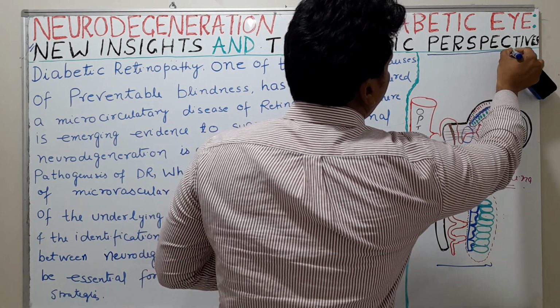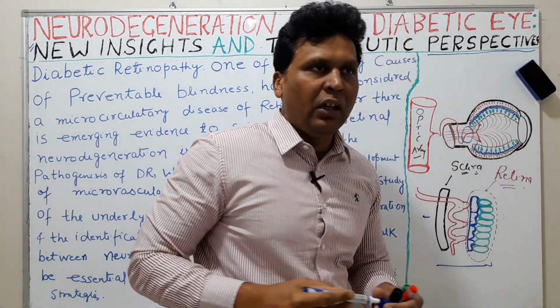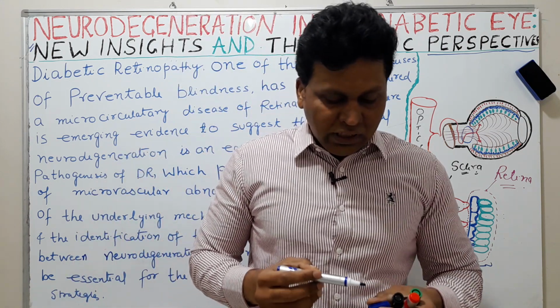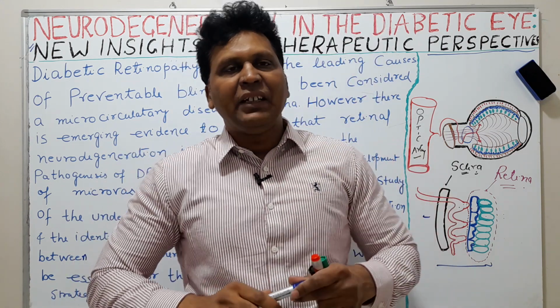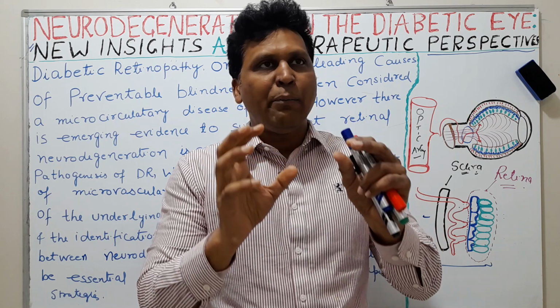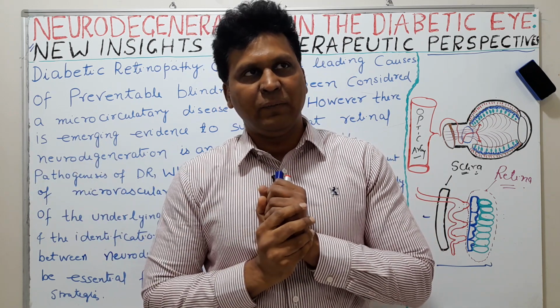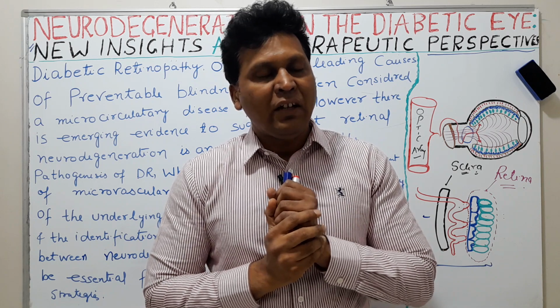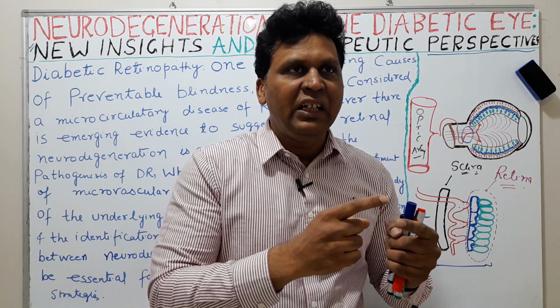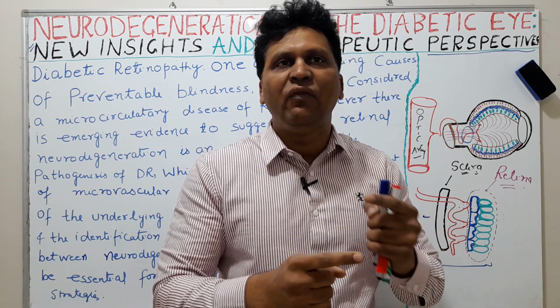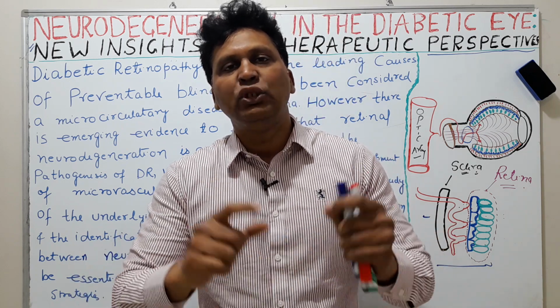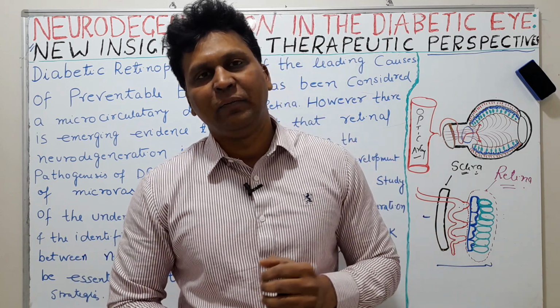This is the meaning of your title. Let me put it in a perspective way: the damage to the retina in the eyes of people suffering with diabetes, and also the new understanding of how it could help in finding a new treatment. This is the whole idea of this article.